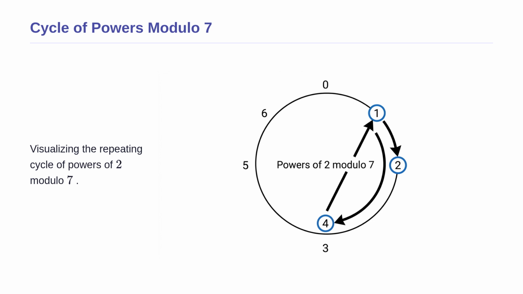Multiplying by 2 again moves us to 4. And multiplying by 2 a third time brings us perfectly back to 1, completing the loop. Because it takes exactly 3 jumps to complete this loop and return to the start, the order is 3. This visual loop is exactly what modular arithmetic represents.